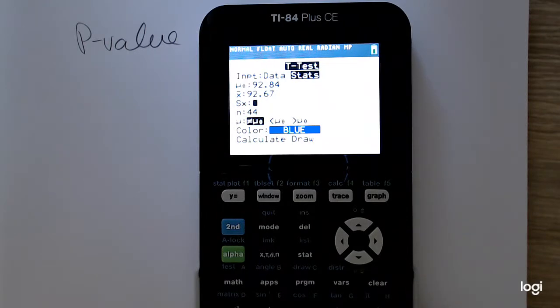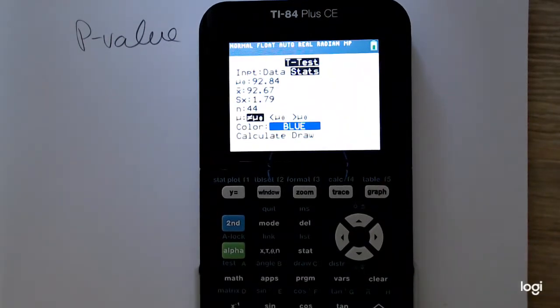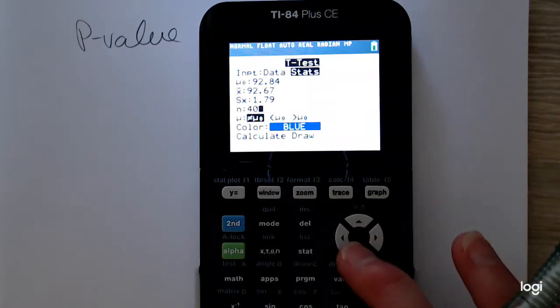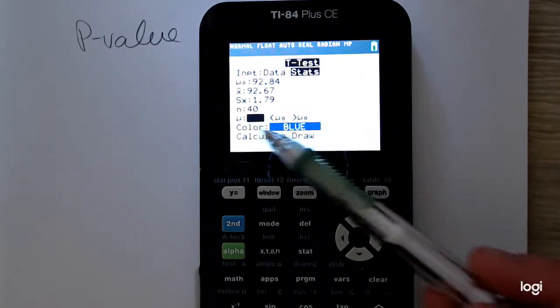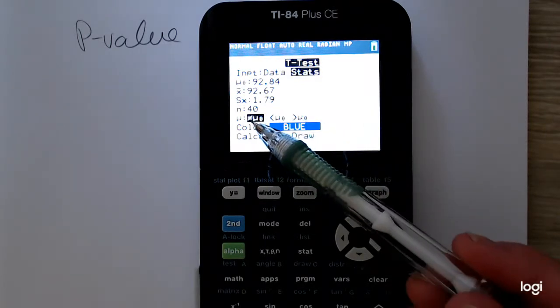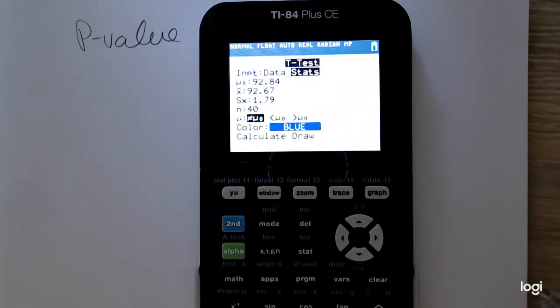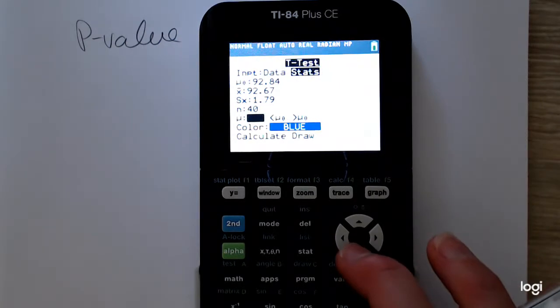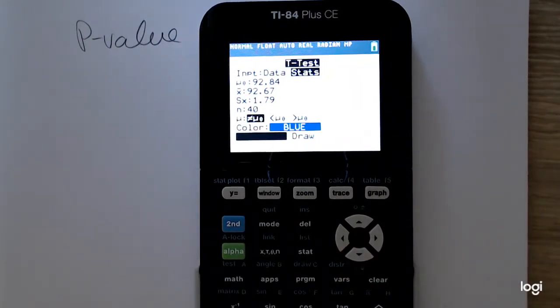Remember, we don't know the population standard deviation, so we need to use the sample standard deviation in the formula. Our sample size is 40. And here we can change the direction of the alternative if we need to. This is a two-tailed test, so I want to leave it as not equals, and then calculate.